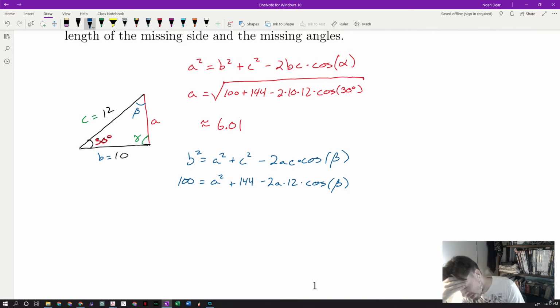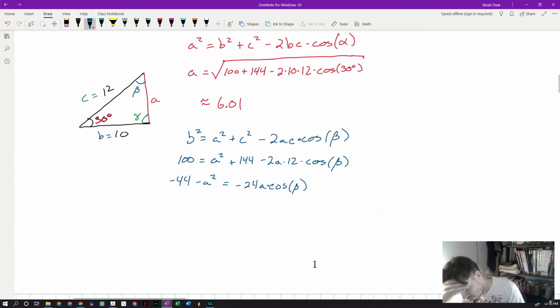So I want to subtract the a squared and the 144 over. 100 minus 144 is negative 44, and then minus a squared equals negative 2 times 12, which is 24, times a times the cosine of beta. Divide by the negative 24a to get cosine of beta equals negative 44 minus a squared over negative 24a.